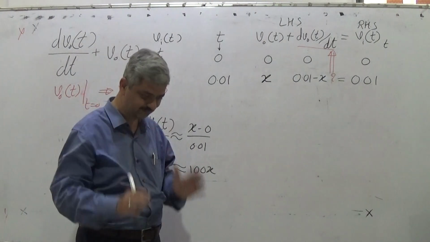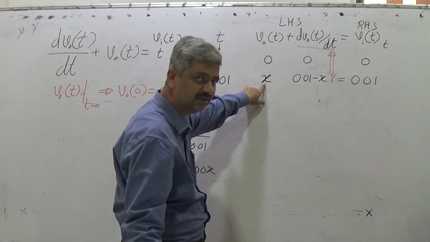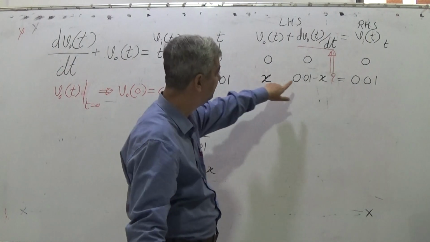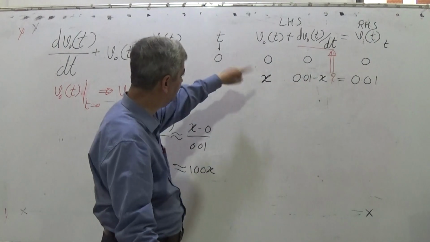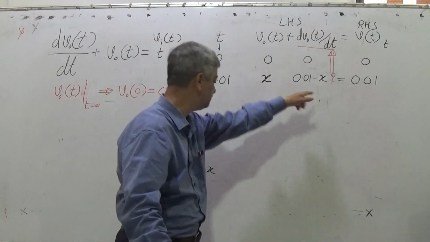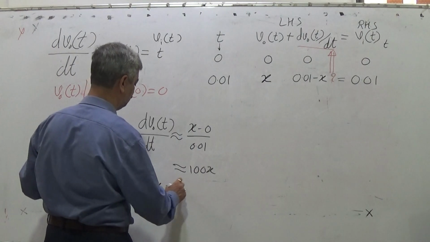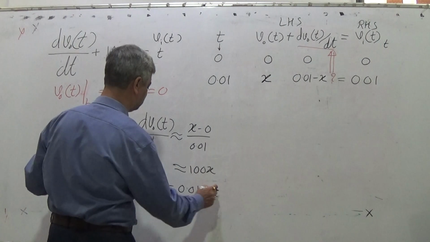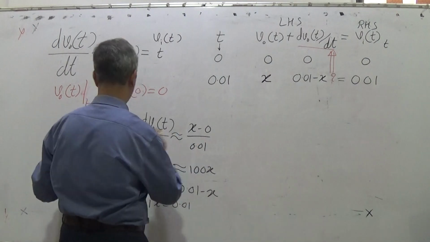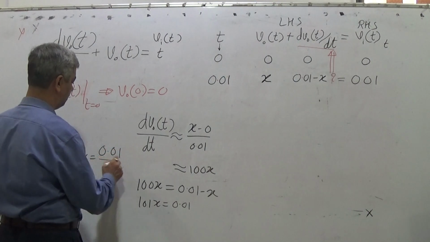Listen very carefully: if Vo(t) at t equal to 0.01 is x, then dVo/dt given by the differential equation is 0.01 minus x, and dVo/dt given by the formula, that is this minus this upon this minus this, is 100x. These two must match. So 100x is equal to 0.01 minus x, so 101x is equal to 0.01, so x is equal to 0.01 upon 101.